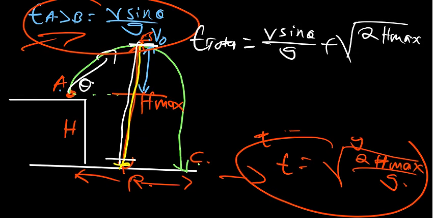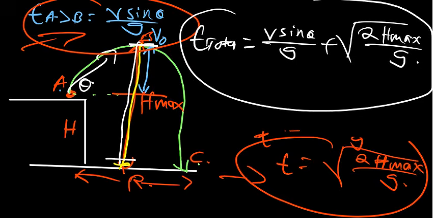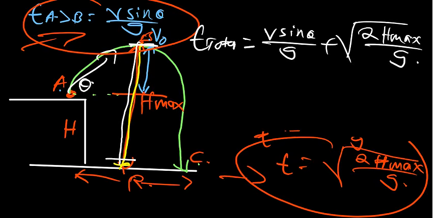So that is going to be the total time. The same time is the one we use to find the range. The range is going to be equal to Vx, which is v cos theta, times t. This t is the total.